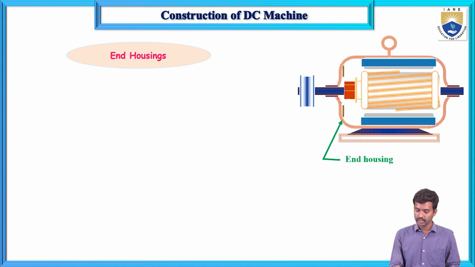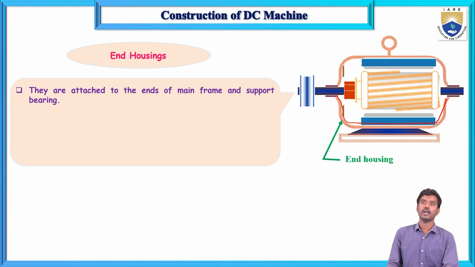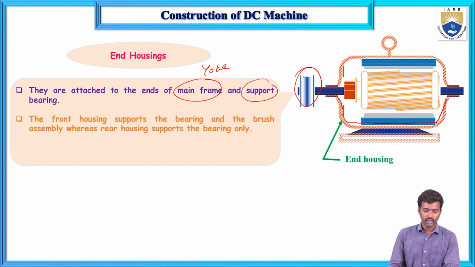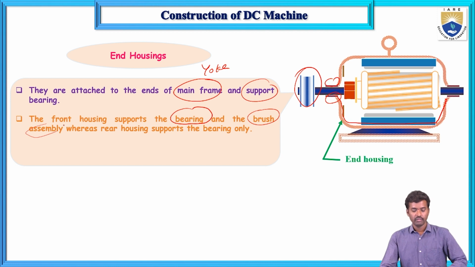Next, end housings. This is the end housing. What is its main function? They are attached to the ends of the main frame, that means the yoke, and they hold the bearings. The front housing supports the bearings and the brush assembly, the brush box, whereas the rear housing supports the bearings only.